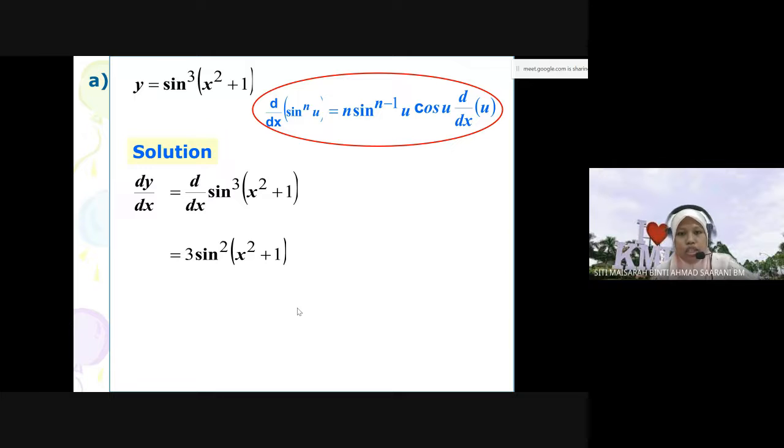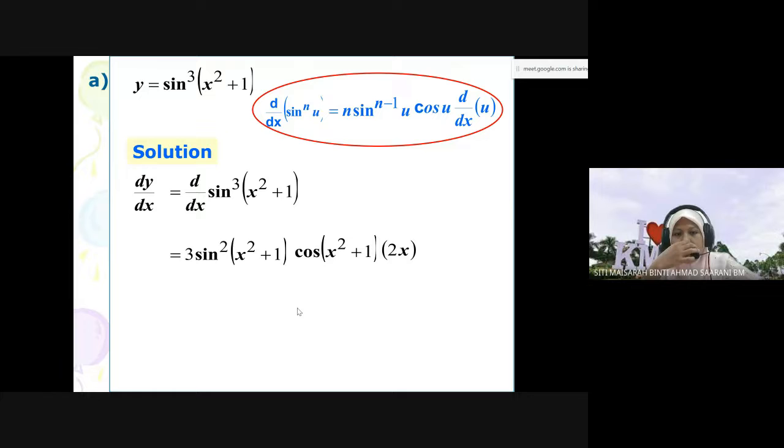Then move to third step, which is kita kena differentiate trigo. Differentiate sin, we get cos x square plus 1. Bila trigo dia kena ada sudut dia, kena salin sekali sudut dia. Then differentiate last kali, fourth step, kita differentiate angle, which is differentiate x square jadi 2x, differentiate 1 jadi kosong. So jadi dapatlah macam ni. Ni complete differentiate.